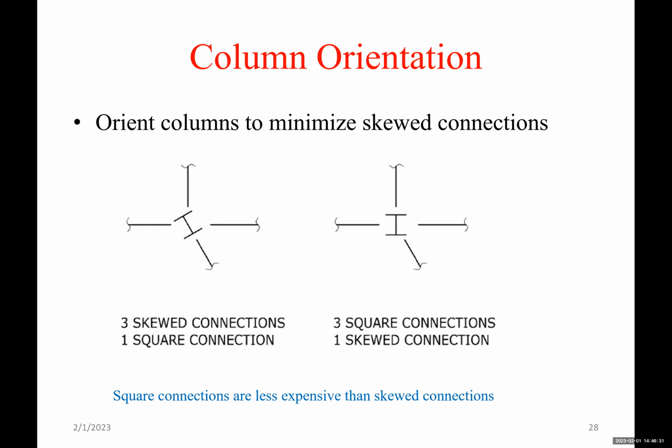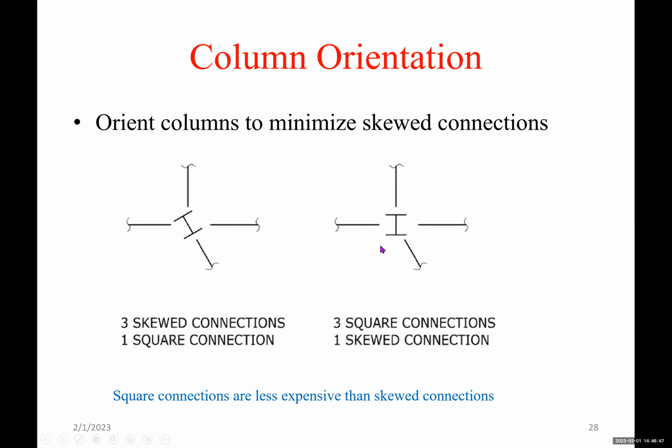Orient columns to minimize skewed connections. The common size is typically wide flanges, I-shapes, so we may have skewed beams at the connection. Look at this here.